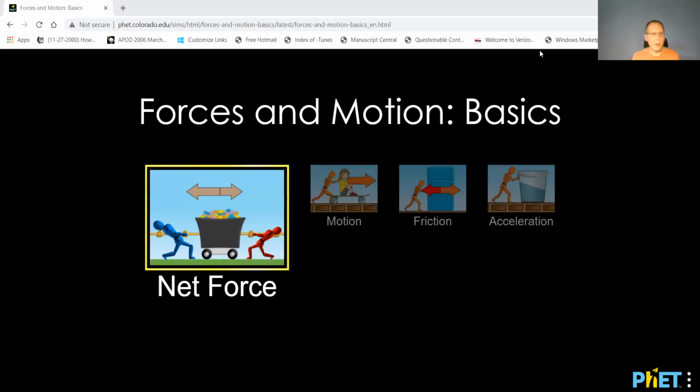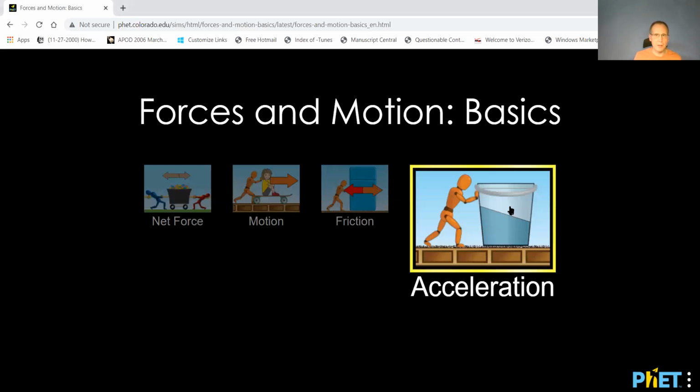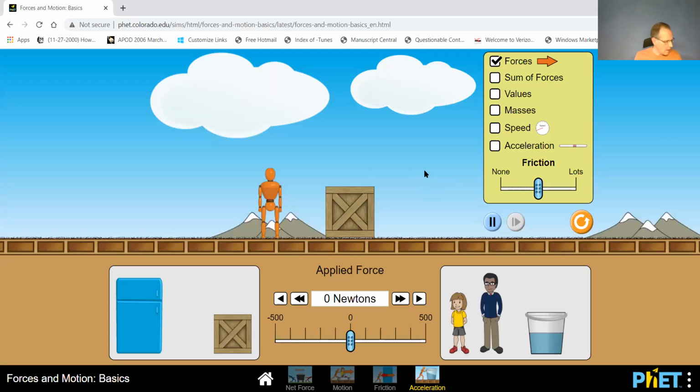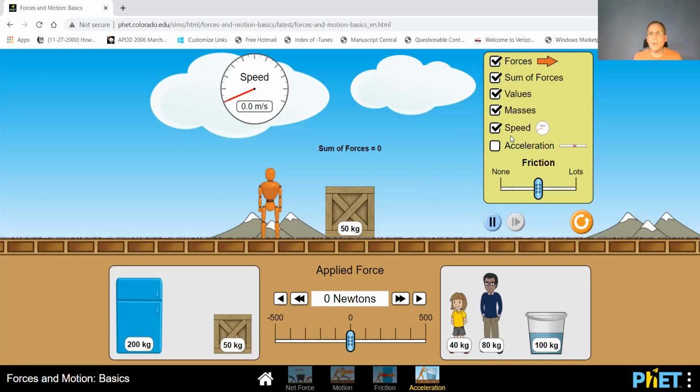Okay, so we go to the simulation. In this case, you want to choose acceleration. Then what we're going to do is check off that we want to see forces, values, masses, and speed. The only thing we don't want to see is acceleration. Later on, we want that, but not right now. And then to make this crate a little bit more massive, we're going to put the child on the crate.